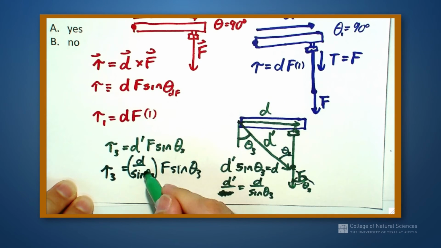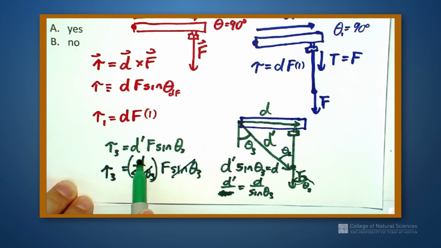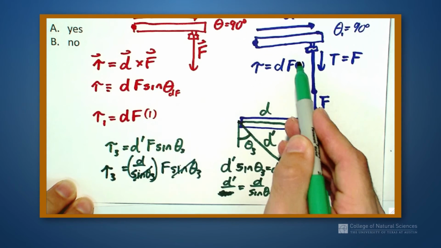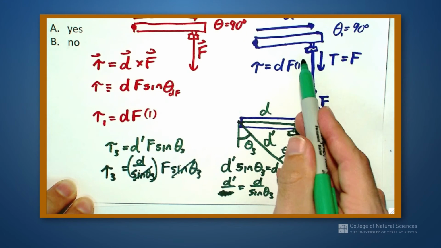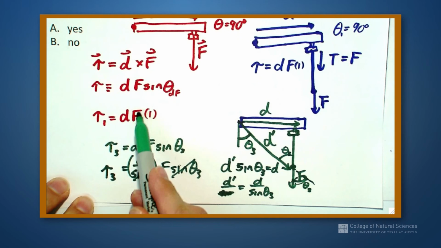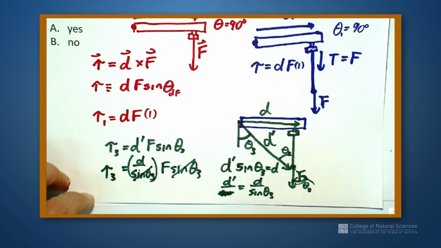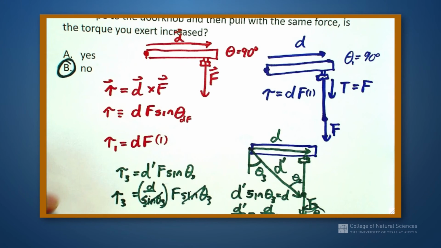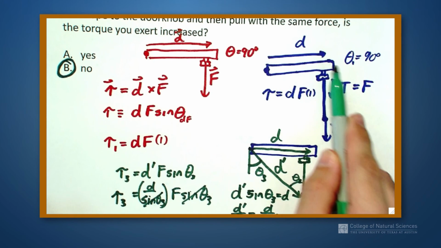And you notice that the sine of theta 3 and the sine of theta 3 cancel out, and I'm left with d times F. So the same value I came up with in the previous way of solving it still works, and it happens to be the same as the distance times the force of the first problem we solved. So in all these cases, we do not change our torque. Doesn't matter if you attach the rope on it, you're pulling with the same force at the same point that's attached to the door.